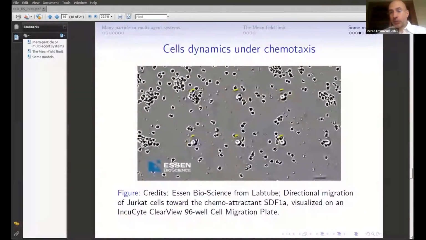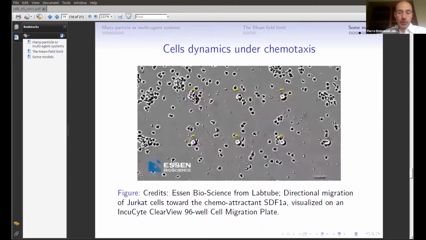Now, another example, which of course is the one that I'm then going to focus on, are models of chemotaxis. And chemotaxis is simply the dynamics according to chemical gradients.